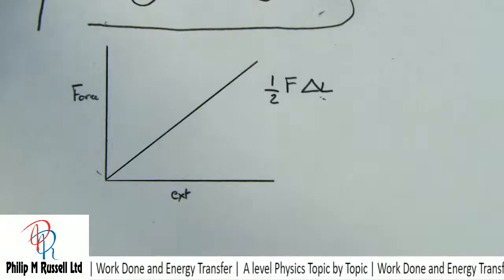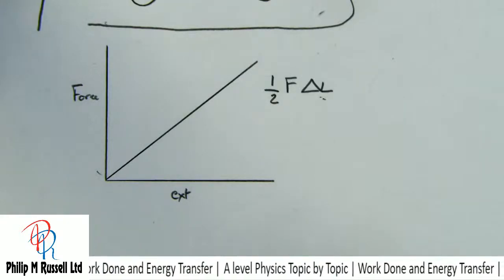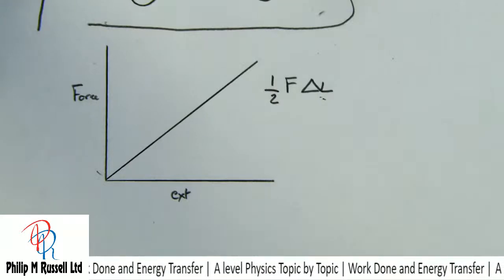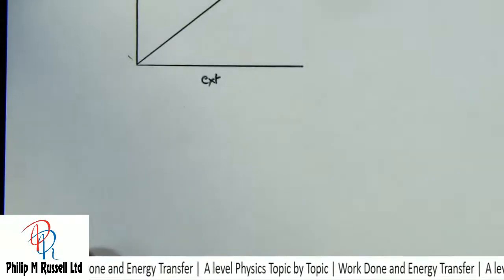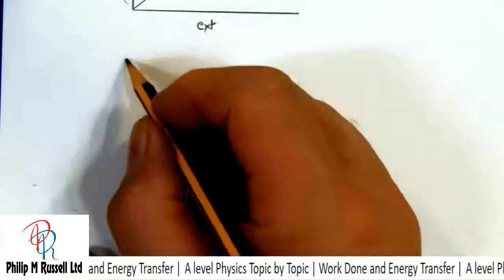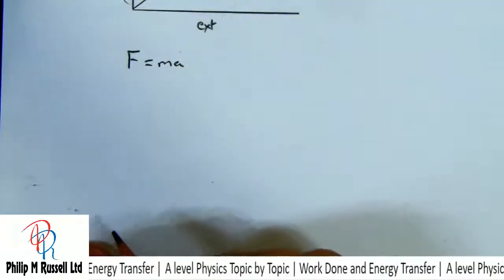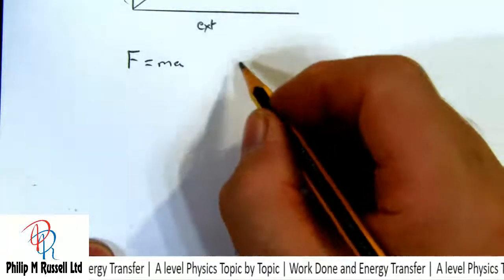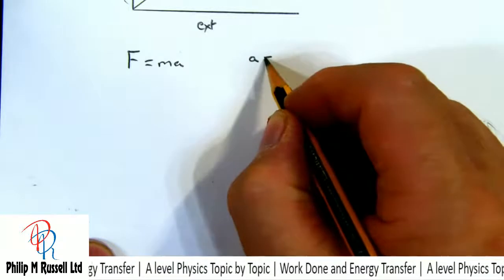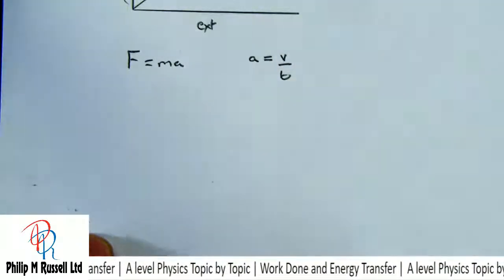We've got kinetic energy. We have our ways of trying to work out what's going on, but we can relate some of these to our equation, F equals mass times acceleration. But I also managed to work out earlier that my acceleration is my change in velocity with time.